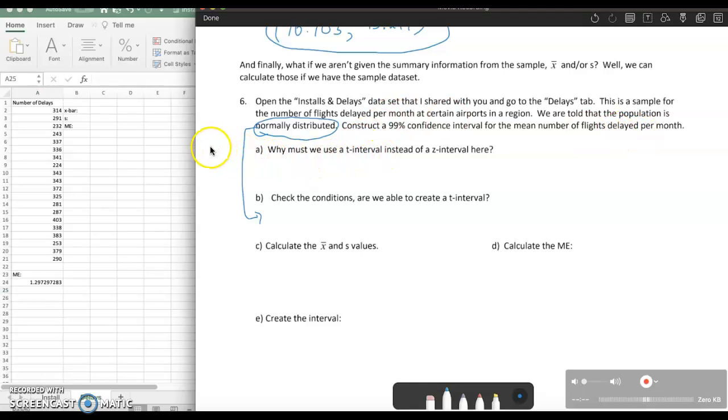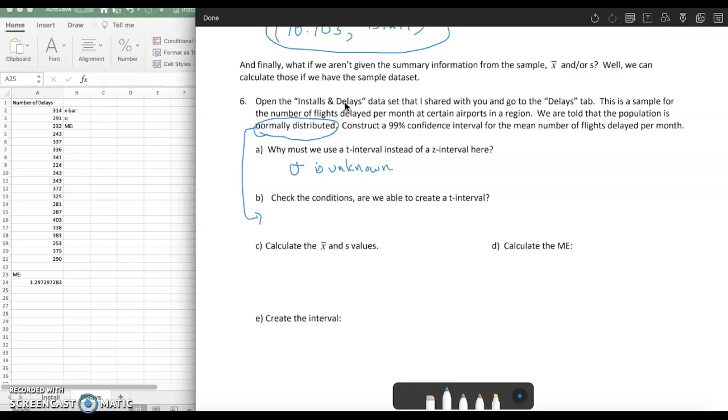Again, why do we have to use a T interval here instead of the Z? Because we do not know, no information here was given about sigma. So we can't fall back on that Z, we have to use the T. Instead of being given the X bar and the S, we just need to go over here and calculate them.